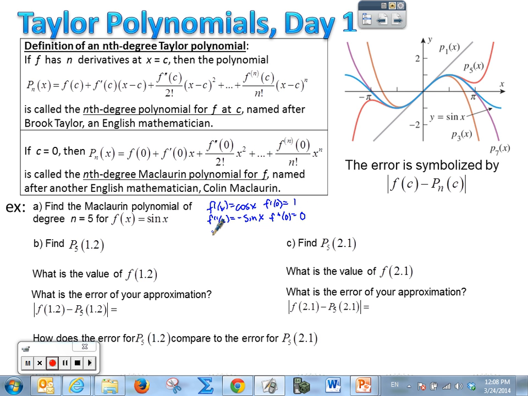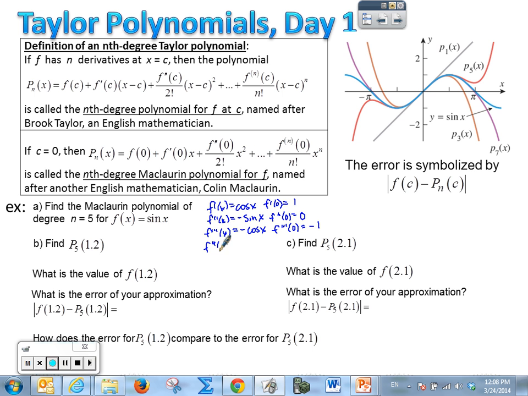Then we do our third derivative. The derivative of sine is cosine, so the derivative of negative sine is negative cosine. My third derivative value at 0: cosine of 0 is 1, times negative 1, gives me negative 1. Once we get past the third derivative, usually they just use numbers or Roman numerals. I'm just going to put numbers.